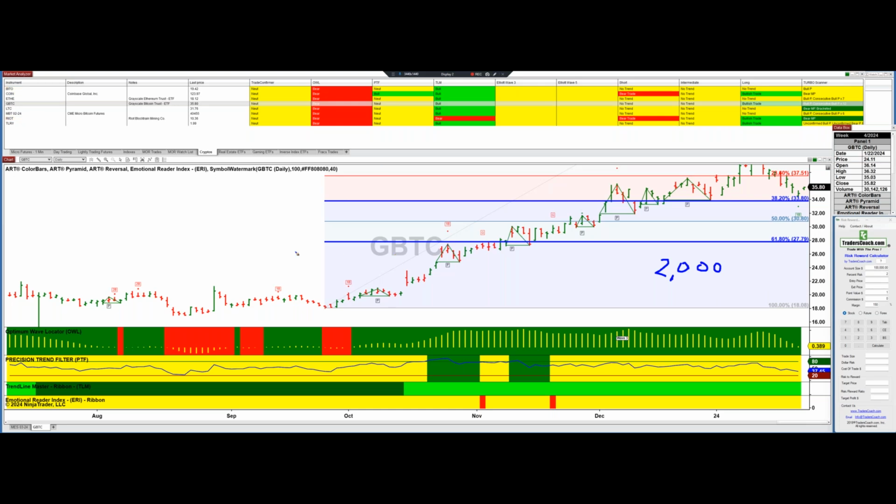So if your stop is far away from your entry, let me just draw something here as an example in this little box. If you enter at, let's say, $10, and your stop is down here at $5, you've got a $5 spread between the entry and the exit.